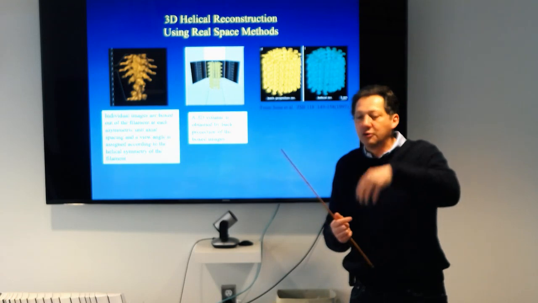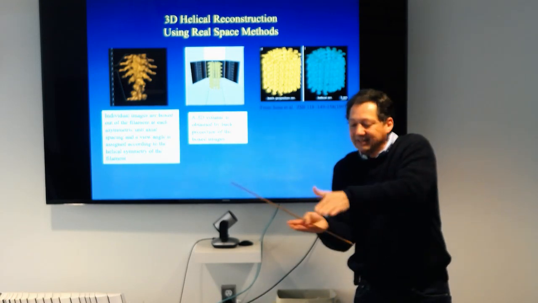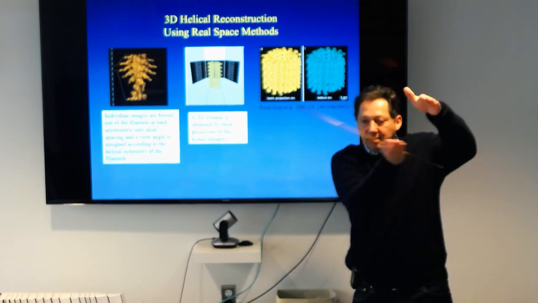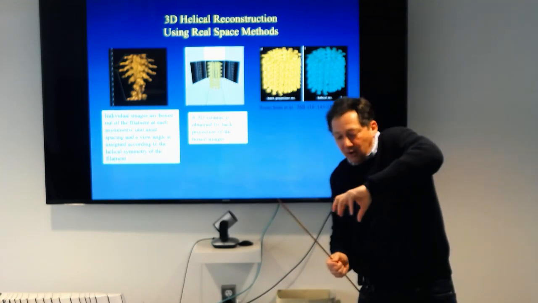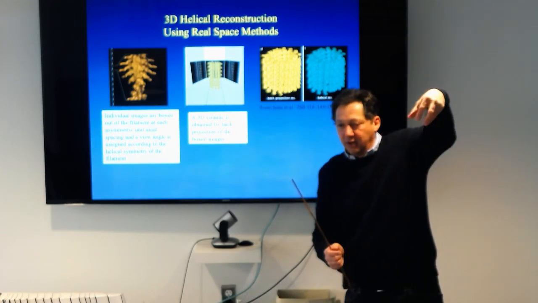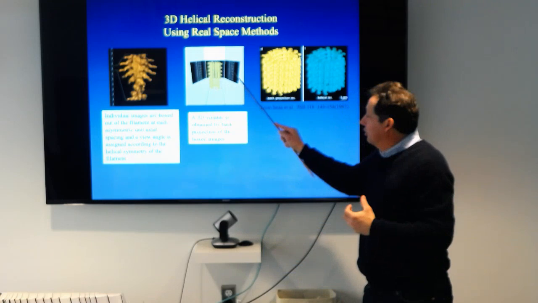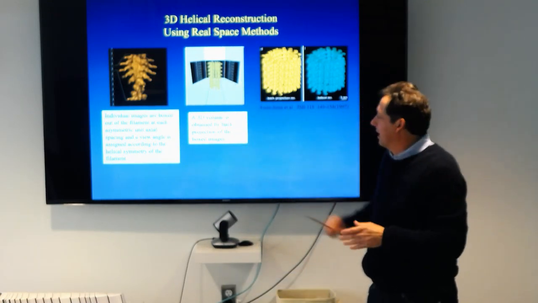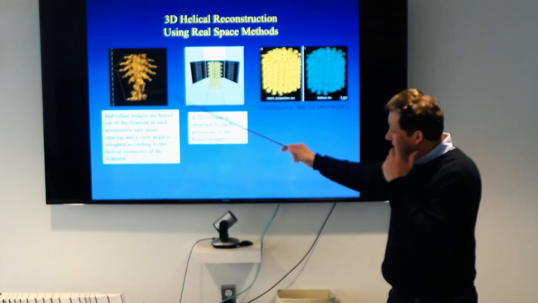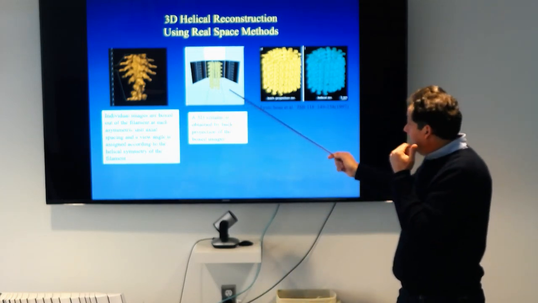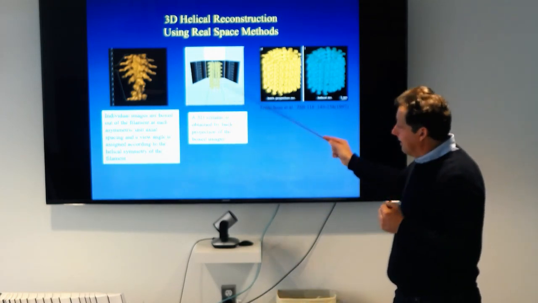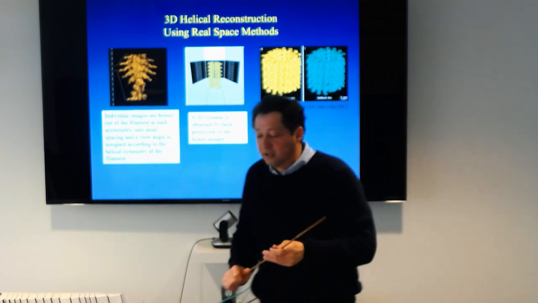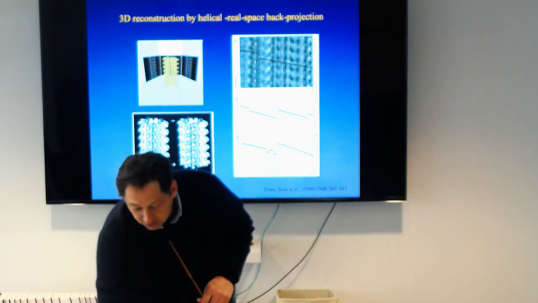But if you know your helical parameters, you can slice particles along the filament, and you know the turn of each one. So you could use that information to back project and get a 3D volume. We initially used that to deal with helical discontinuities, the seam in the case of microtubules.